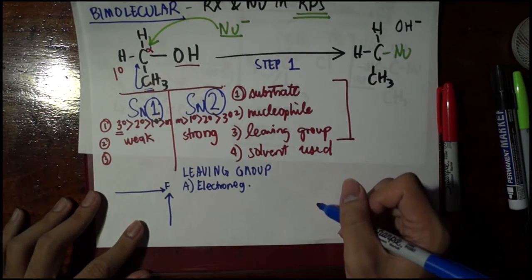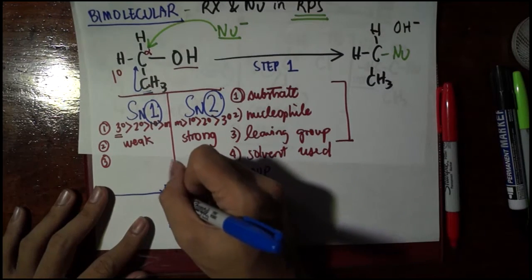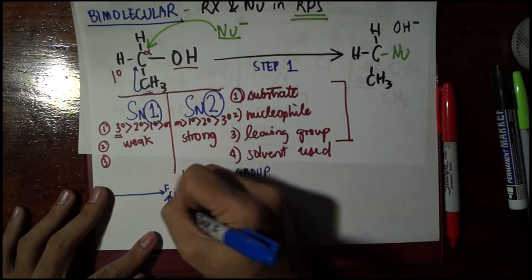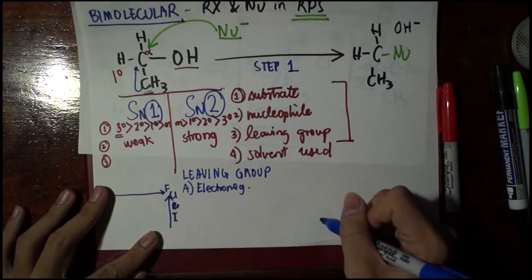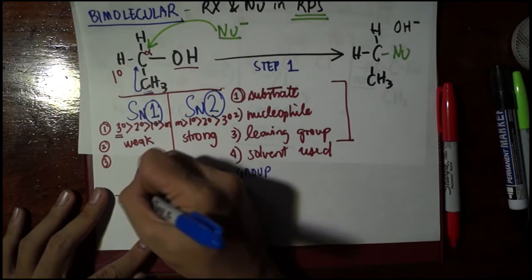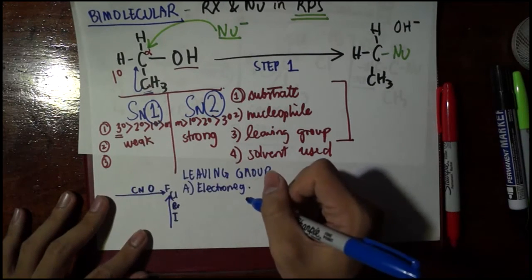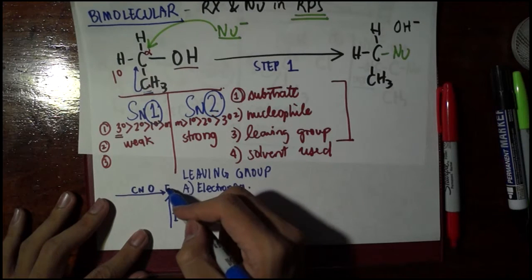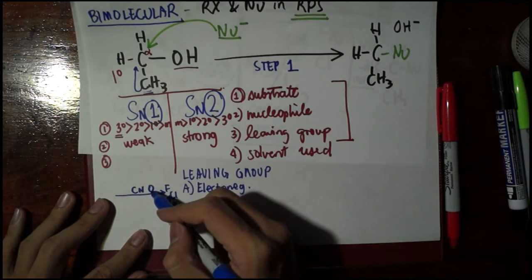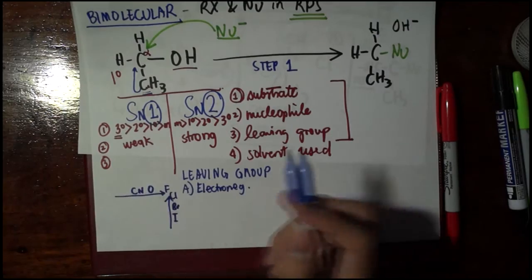Although, for example, in the table of halogens, fluorine, chlorine, bromine, and iodine are very similar in electronegativity. But when we go across the period, fluorine is more electronegative than oxygen, which is more electronegative than nitrogen, which is more electronegative than carbon.